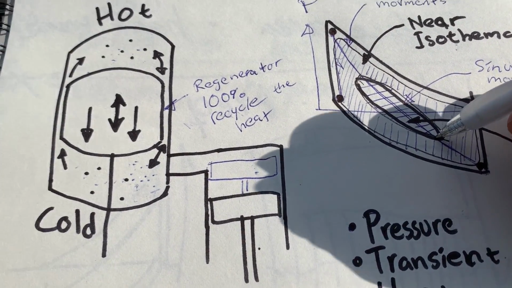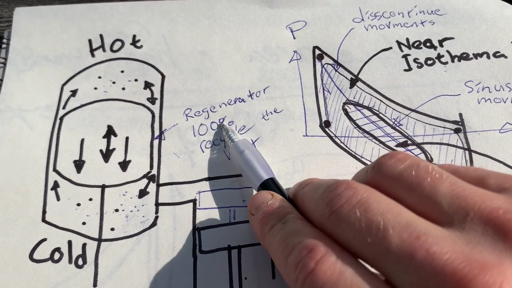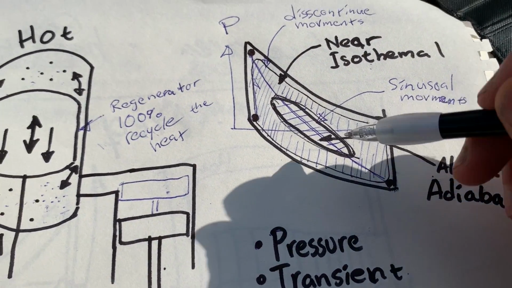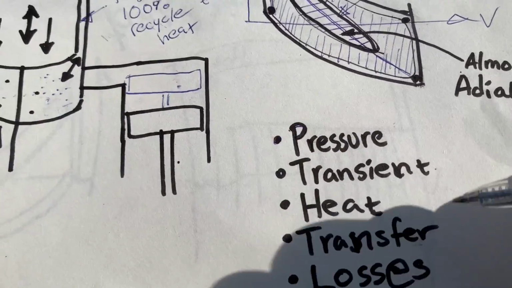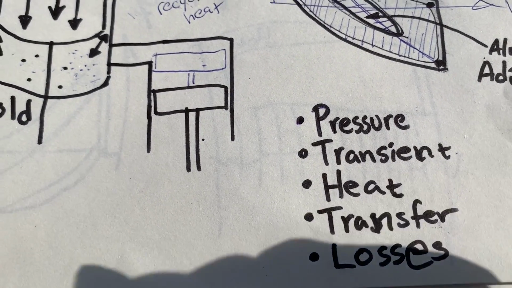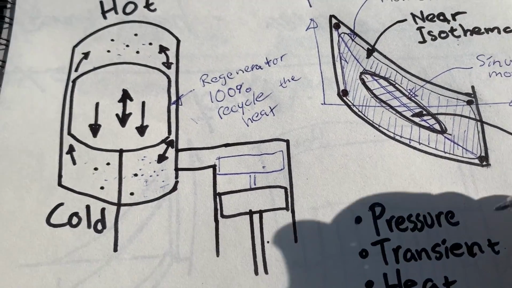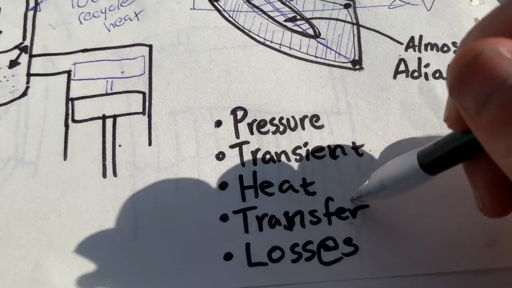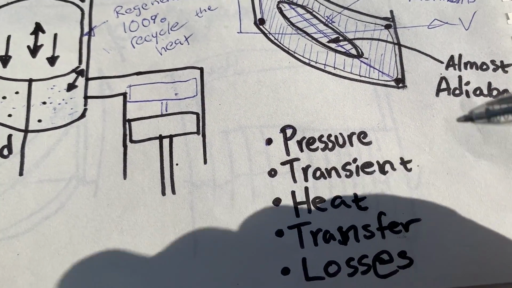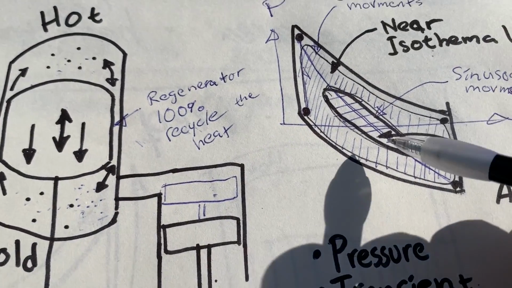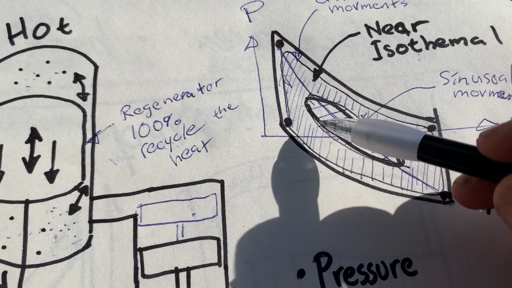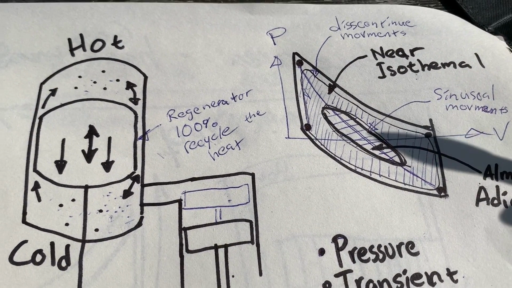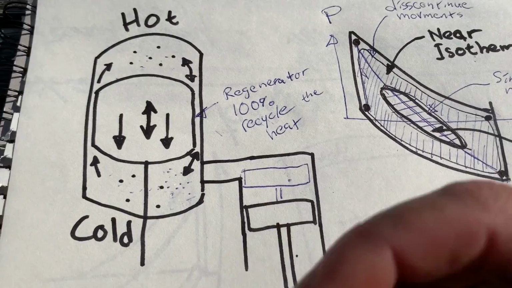And then you may argue that, right, if you have 100% regenerator, I could still run my engine near adiabatic, but because of these pressure transient heat transfer losses, you will lose efficiency anyway. If you did not have these losses, then you could cut out a small part of the power and get good efficiency anyway.